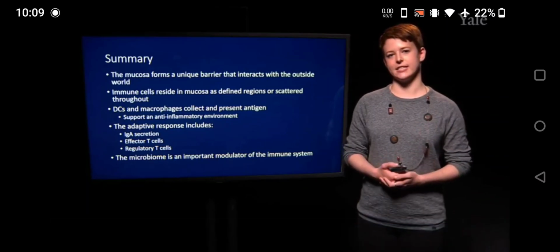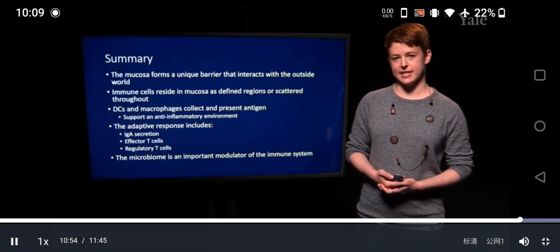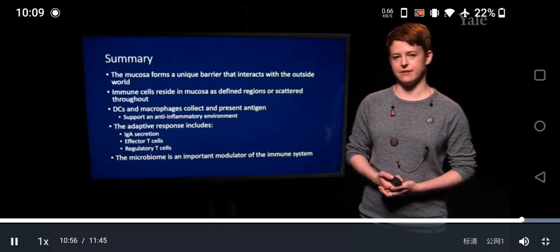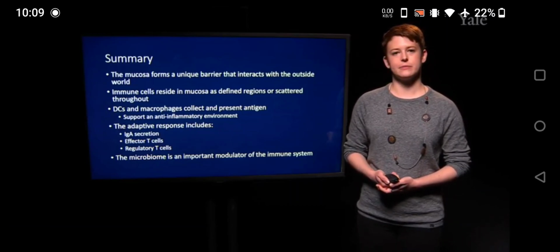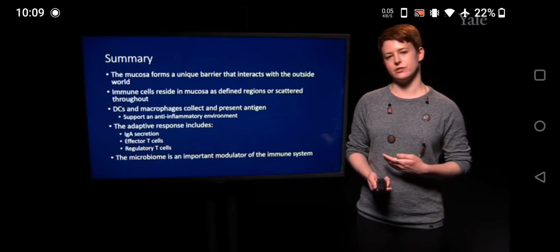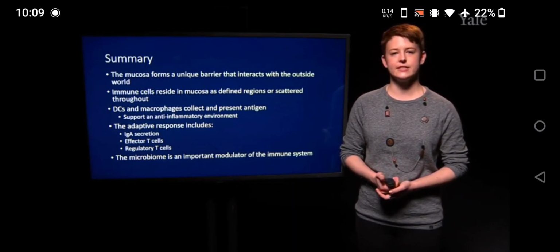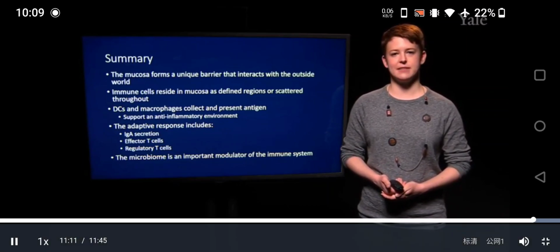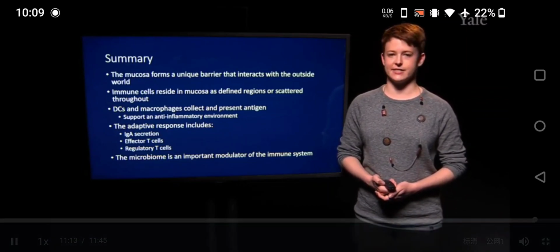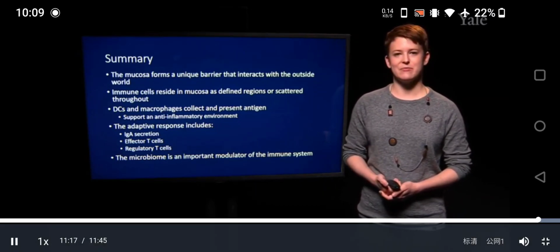So it can develop different T cell subsets or innate lymphoid cell subsets, and it will help the immune system not mount too strong of an inflammatory response. So overall, I hope this has helped tie together a few concepts from previous lectures you guys have had, as well as pointing out the importance of the mucosal immune system.